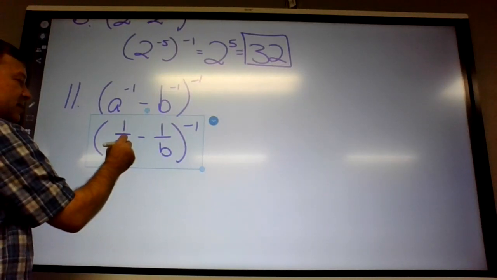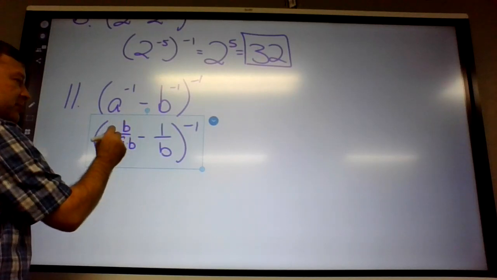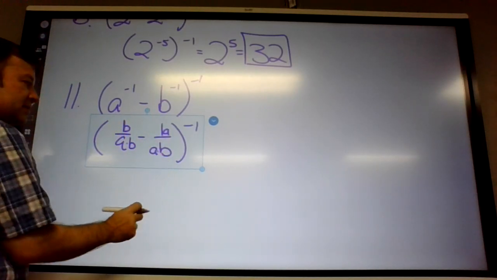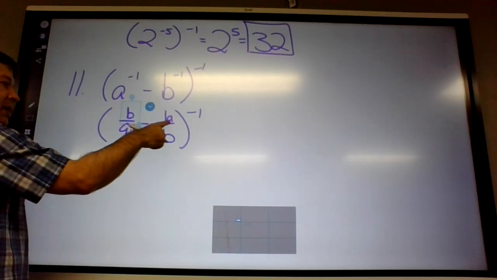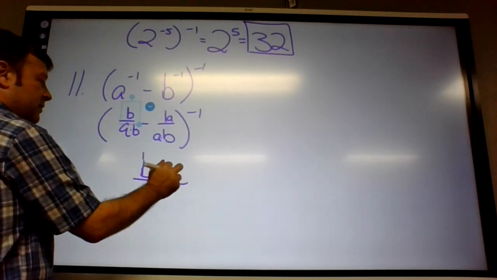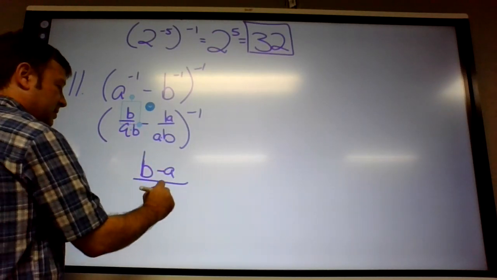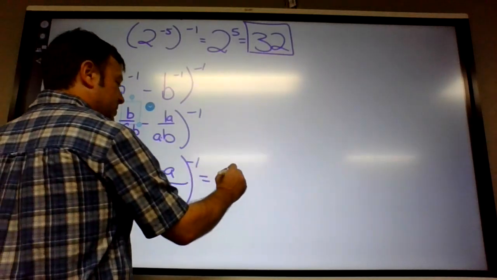A times B. So this needs a B, so this gets a B, and this needs an A, so this gets an A. So it's B minus A over AB. Oh, but then it's to the negative 1 power, so it flips.